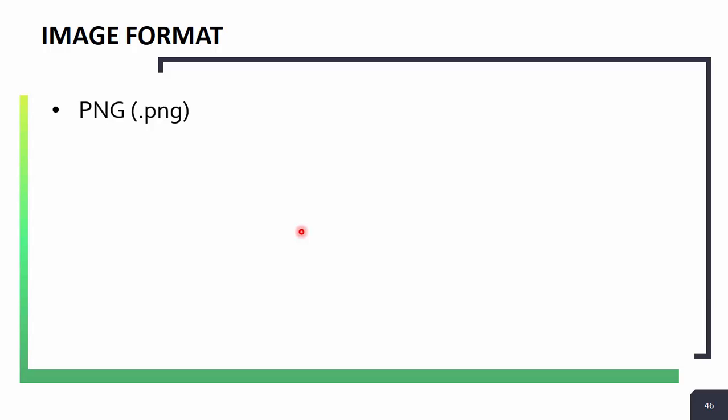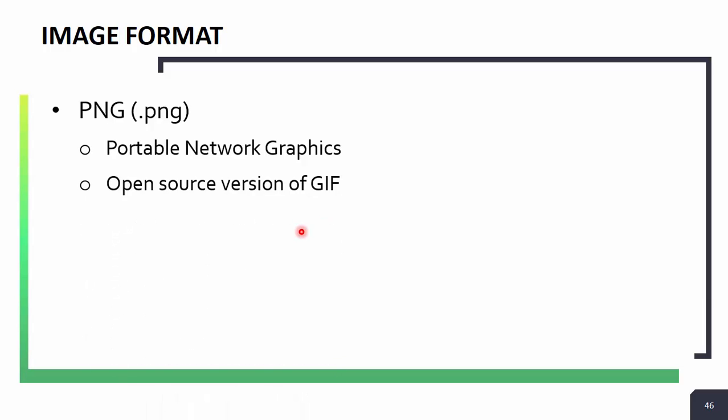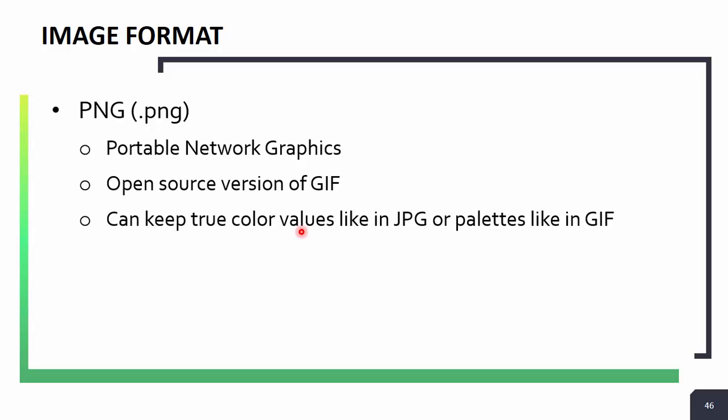Next format is PNG, which stands for Portable Network Graphics. It is the open source version of GIF. It keeps true color like JPEG or can use palettes like GIF. It supports a multi-bit alpha channel, not only one bit like GIF.